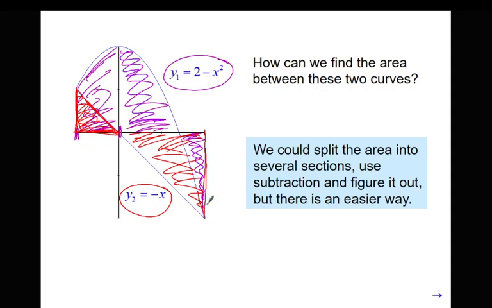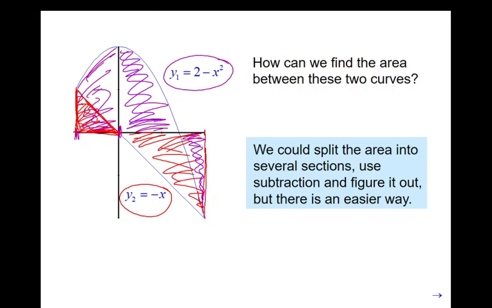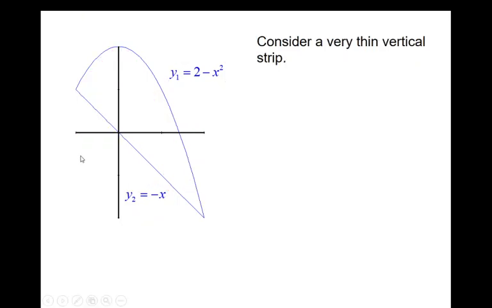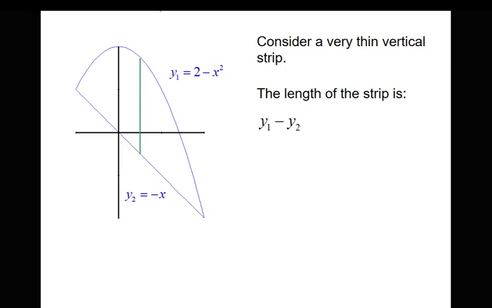Okay, so what we do is we think of it kind of like we did when we started area. So we consider this one very thin strip. Okay, this has an area. It's basically a rectangle. Now the length of the strip is the distance from here, right here, to right here.